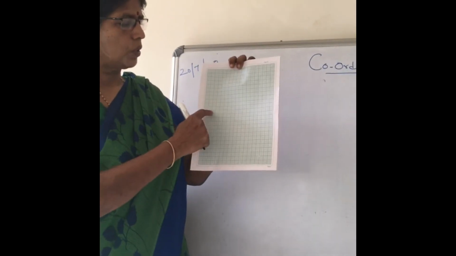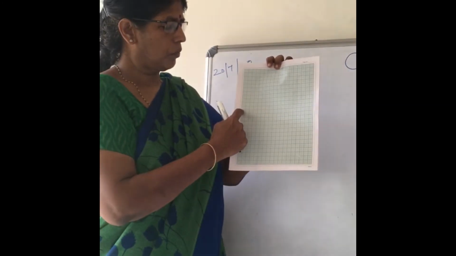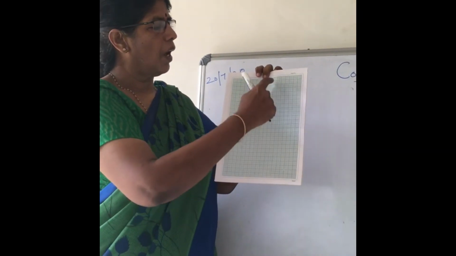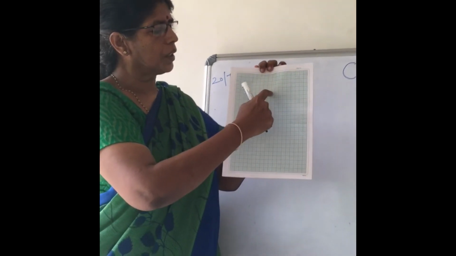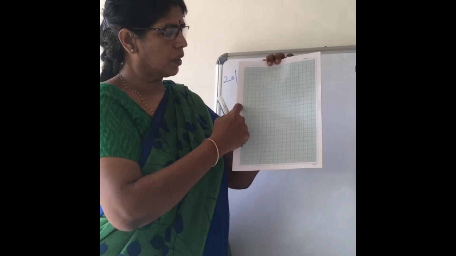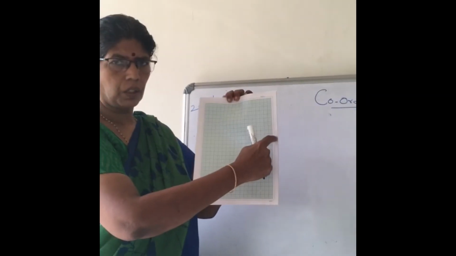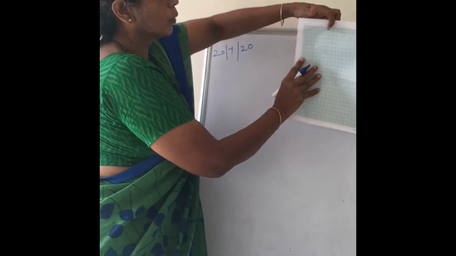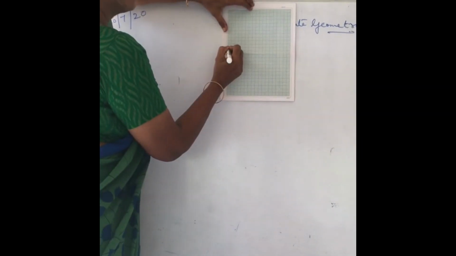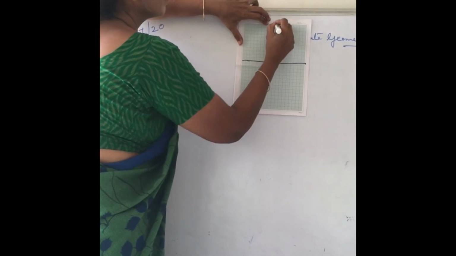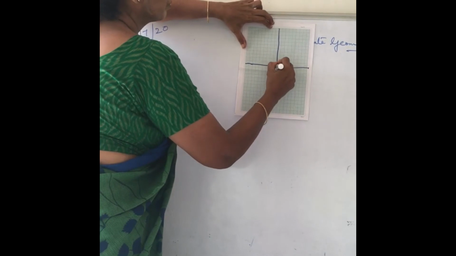The horizontal lines run from left to right and the vertical lines run from top to down. This is the horizontal line and this is the vertical line.